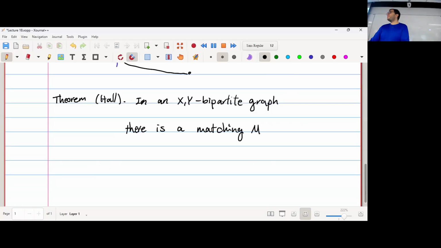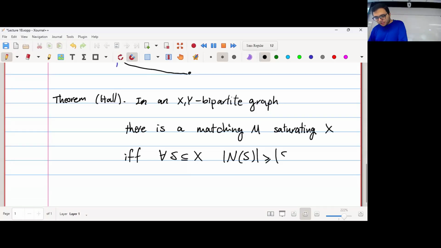I don't know why, but they constantly use different words. They say saturate or something. So there is a matching M saturating X if and only if for every subset S of X, the number of neighbors of S is at least as much as the number of elements in S.